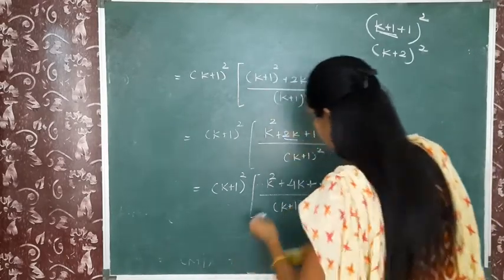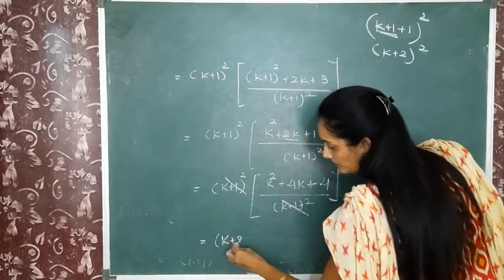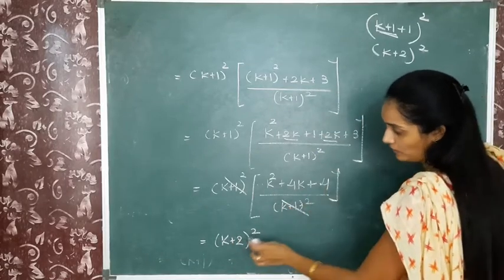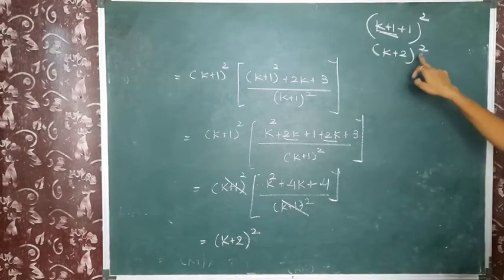So here we have k square plus 4k plus 4, which is a perfect square of k plus 2 whole square, and we want k plus 2 whole square.